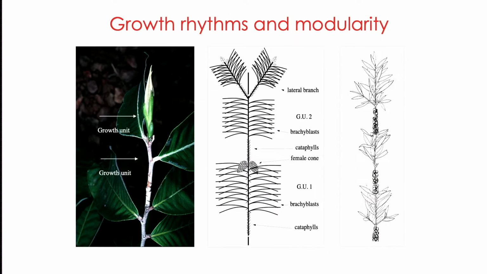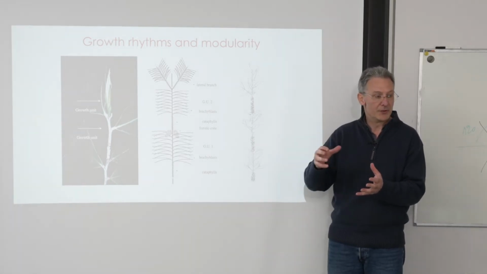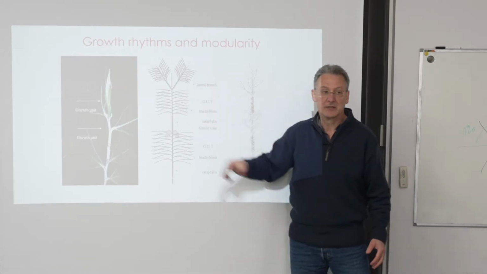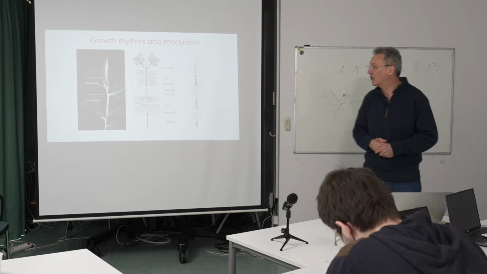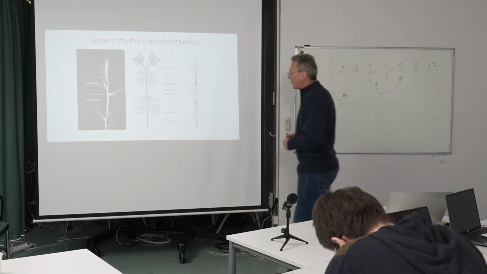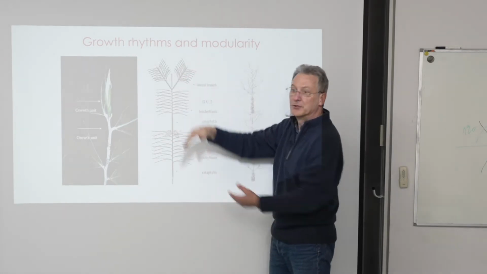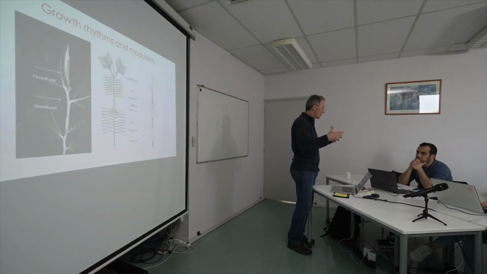By doing this, the meristem, by fluctuating its activity, can produce this spatially rhythmic organization on the plant in bits that we usually call growth units, which correspond to what the meristem is able to do in one continuous sequence of growth.